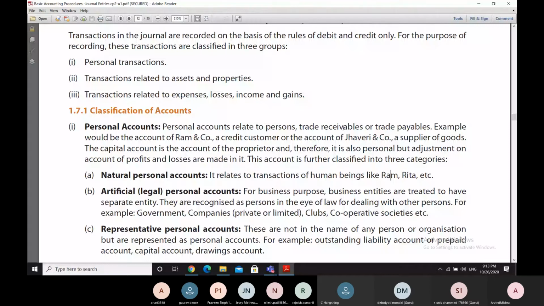Capital account is the account of the proprietor, and therefore that is also a personal account. But adjustment on account of profits and losses are also made in the capital account.